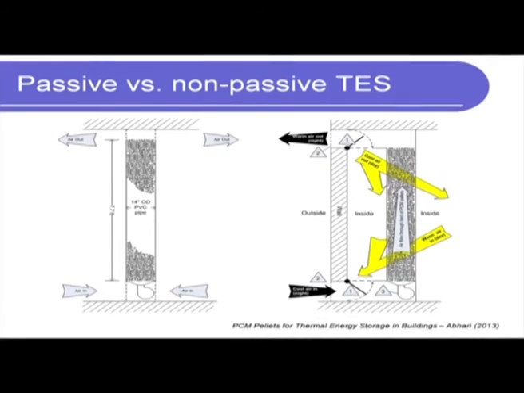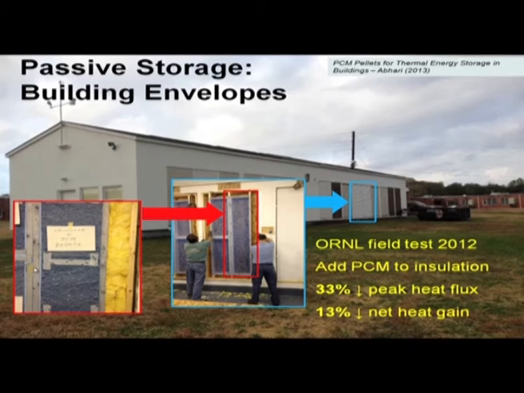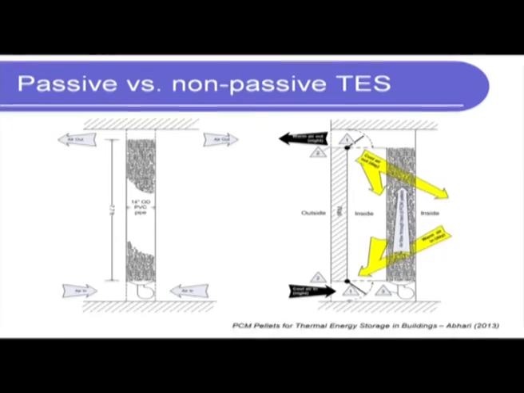So, in the next one what I am going to show is passive versus non-passive thermal energy storage. In a non-passive system we have a fan actually. Here, the heat was just coming through the walls, trying to get conducted through the walls, and it was absorbed by the phase change material. In this case, they actually have pillars filled with PCM pellets.